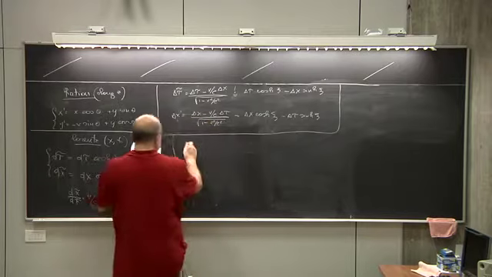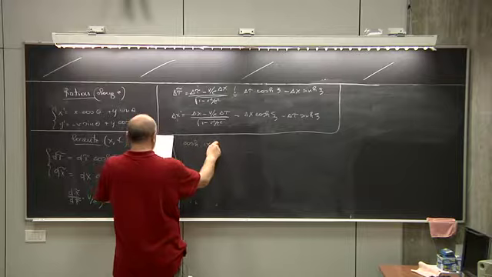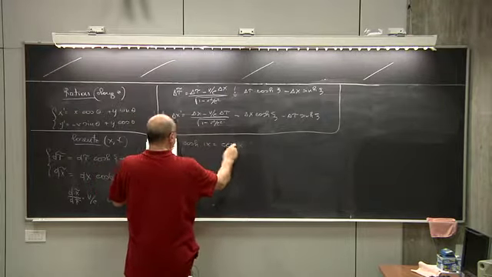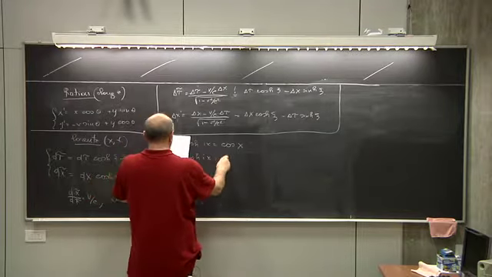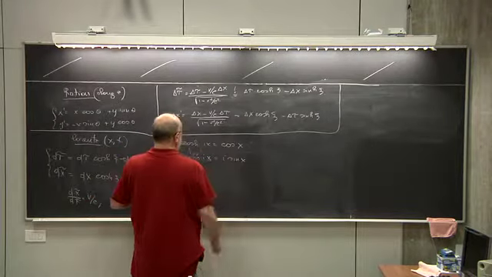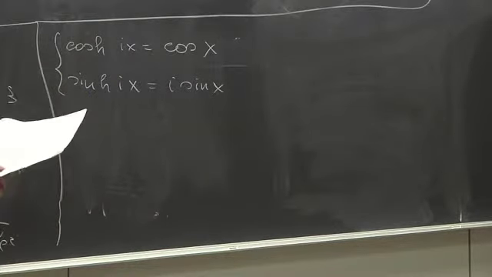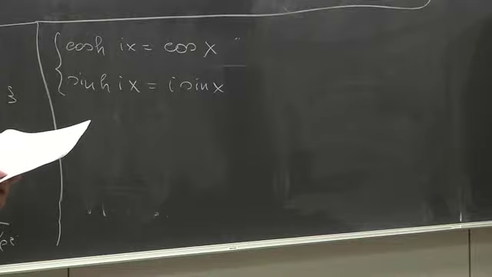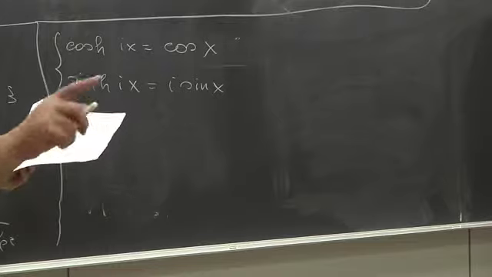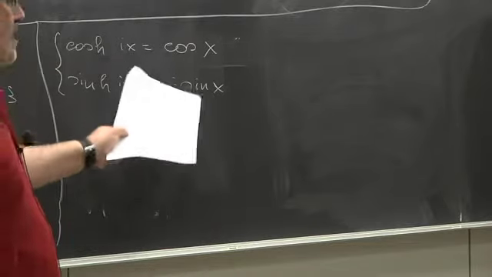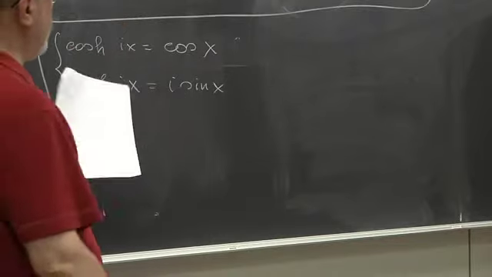Well, there are these transformation formulas: the cosine hyperbolic of Ix is equal to cosine of x, and the sine hyperbolic of Ix is equal to I sine of x. Are you familiar with this? It's very simple. You take the definition of cosine hyperbolic and sine hyperbolic, that is exponential, normal exponential. You take the definition of this, that is exponential, but with the I, you compare and you get this.